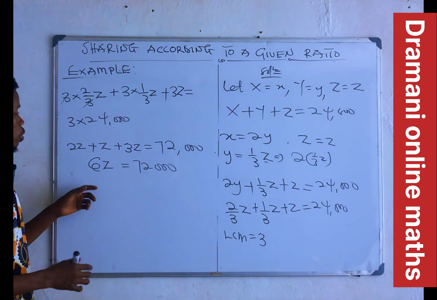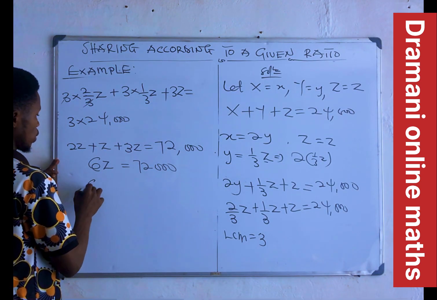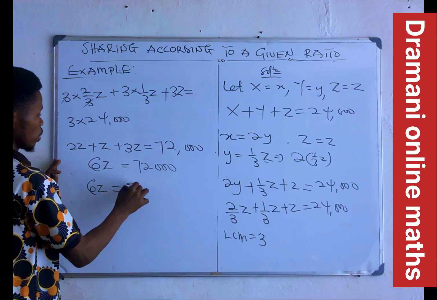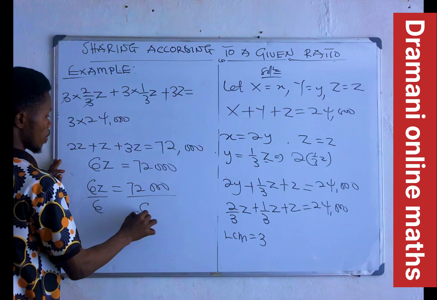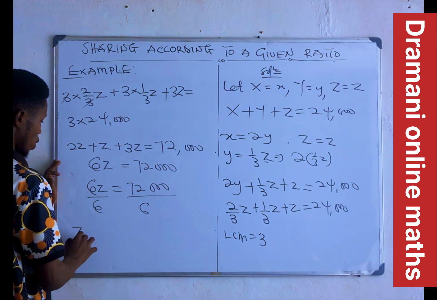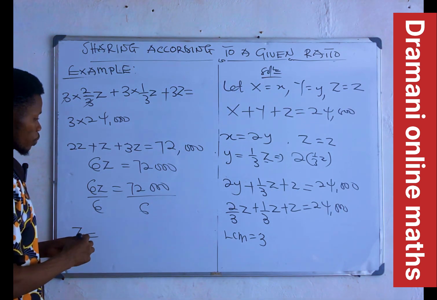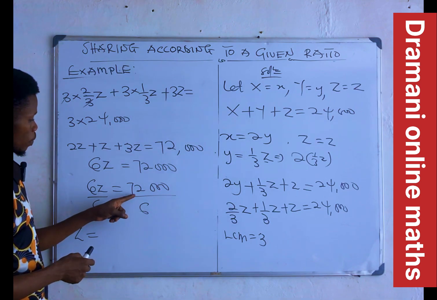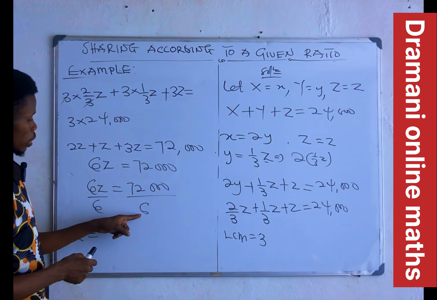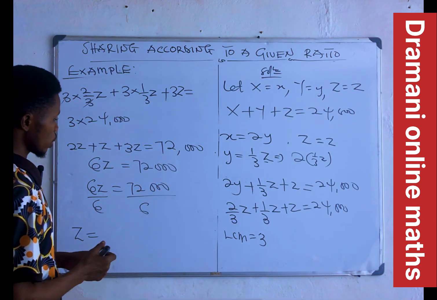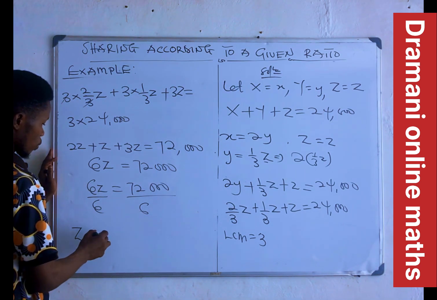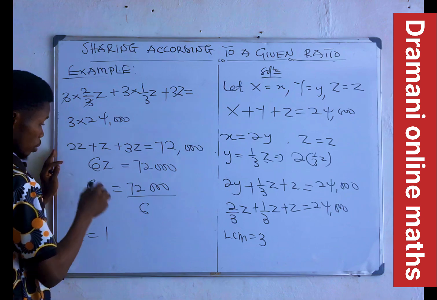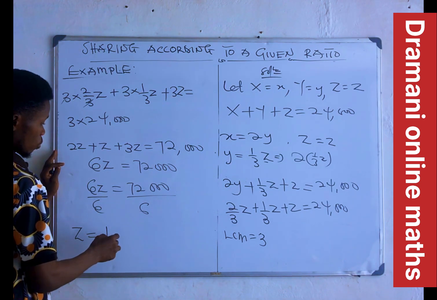So we divide both sides by 6. So my z is going to be, 6 can go into 72,000 how many times? 6 going into 7, 1, going into 12, 2.